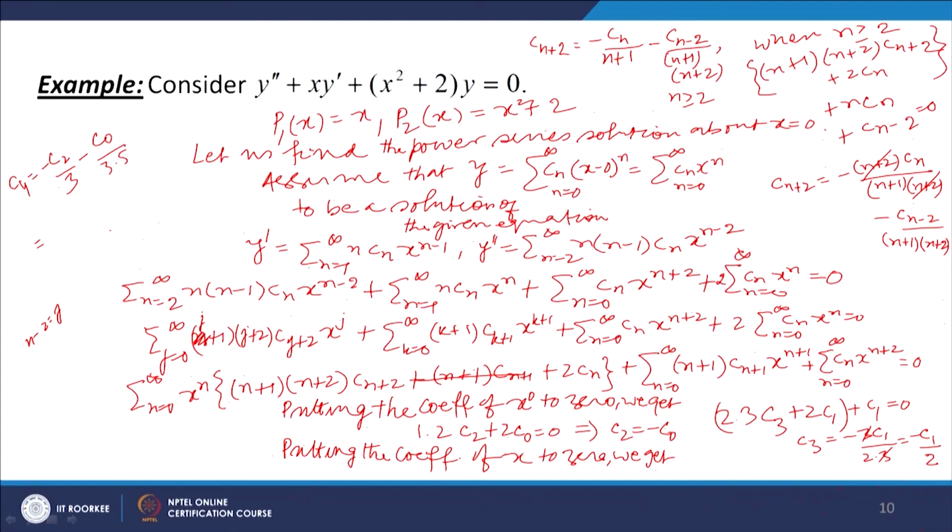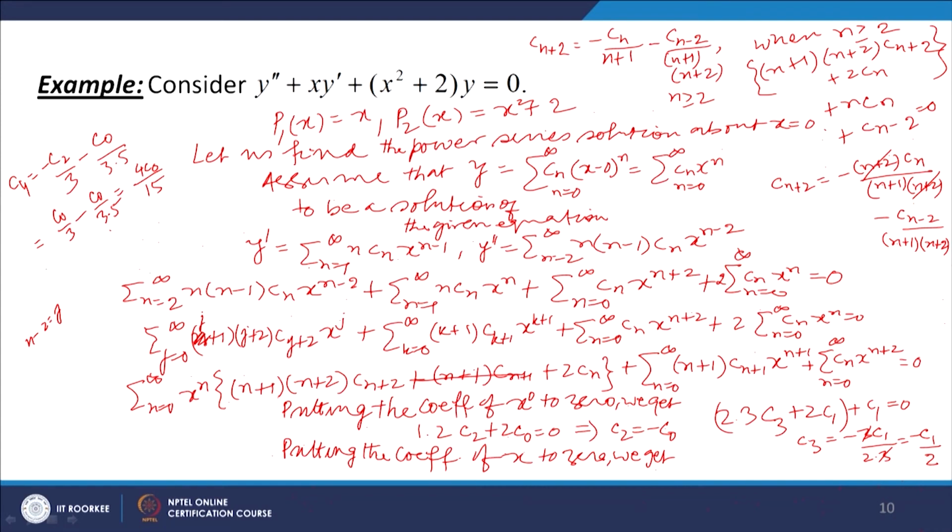C2 is equal to minus C0. So we get C0 over 3 minus C0 over 3 into 5, and this is equal to 5 C0 minus C0 over 15. So we get 4 C0 over 15. Okay. So this is how we get the value of C4.